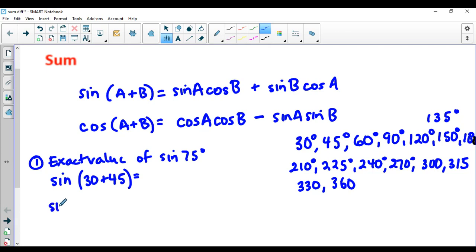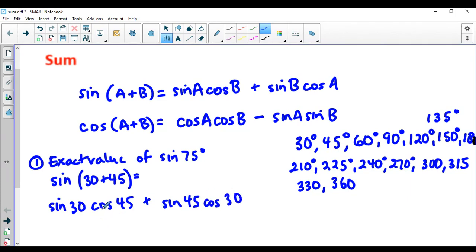So this equals the sine of 30 times the cosine of 45 plus the sine of 45 times the cosine of 30.